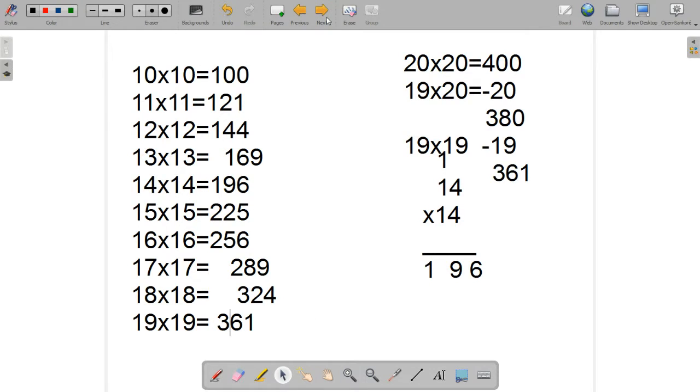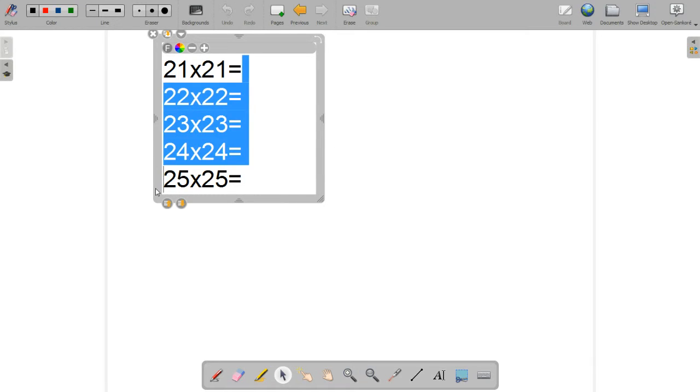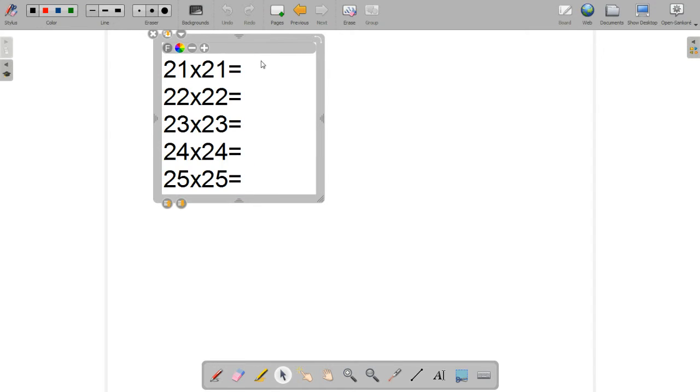Okay. Moving on. These are a little more complicated, as you might imagine. But these are practically the last ones you actually have to memorize before a pattern starts to develop. So for this one, you could apply the same method of 20 times 20 but backwards.